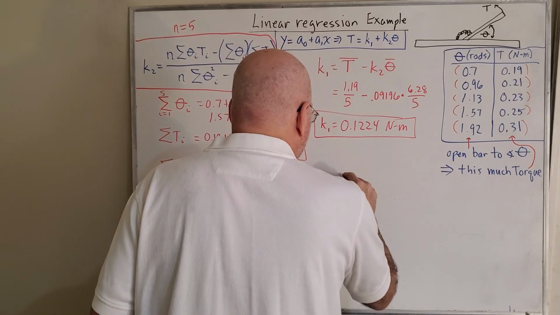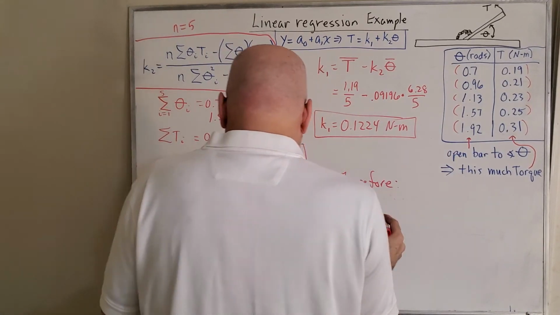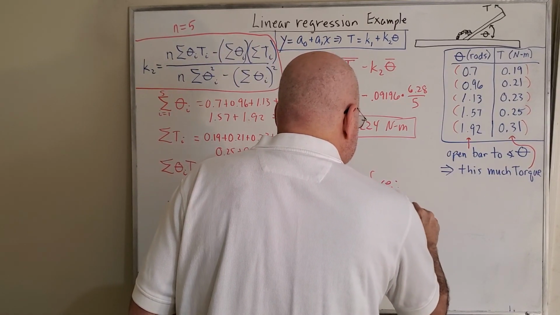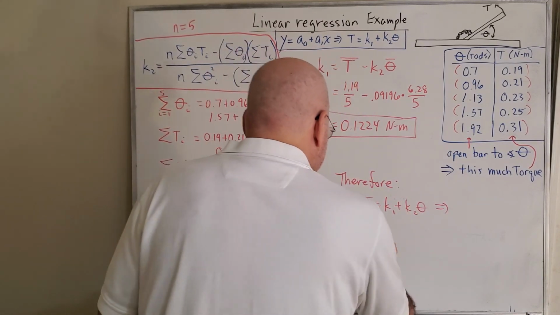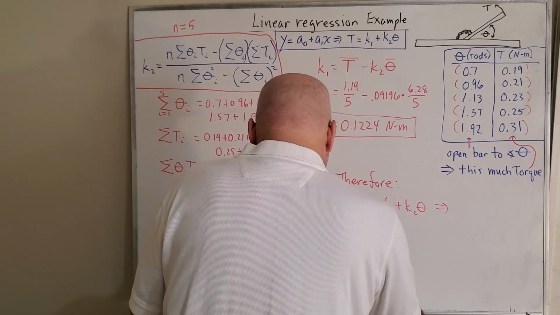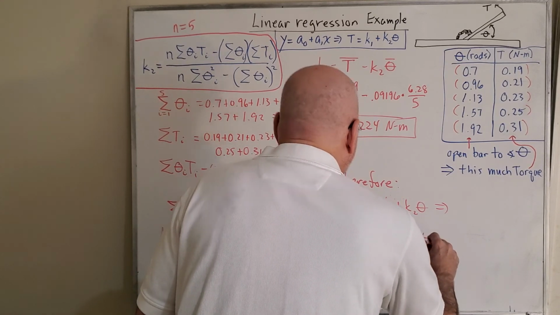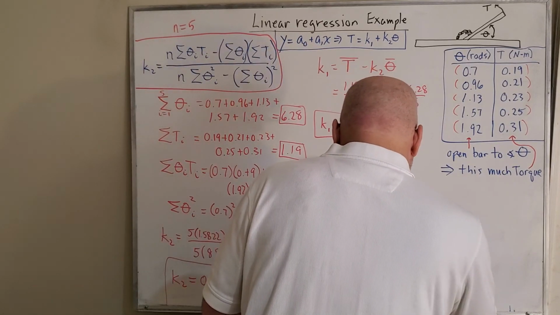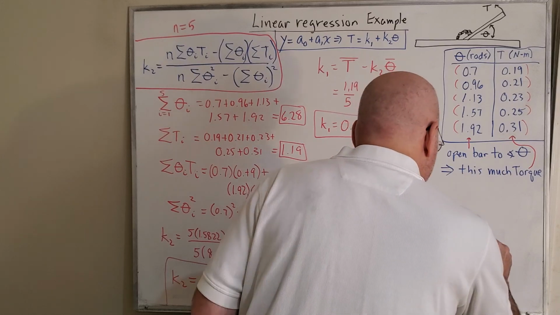Thus, therefore, T equals K1 plus K2 theta gives us T equals 0.1224 plus K2 was 0.09196 theta.